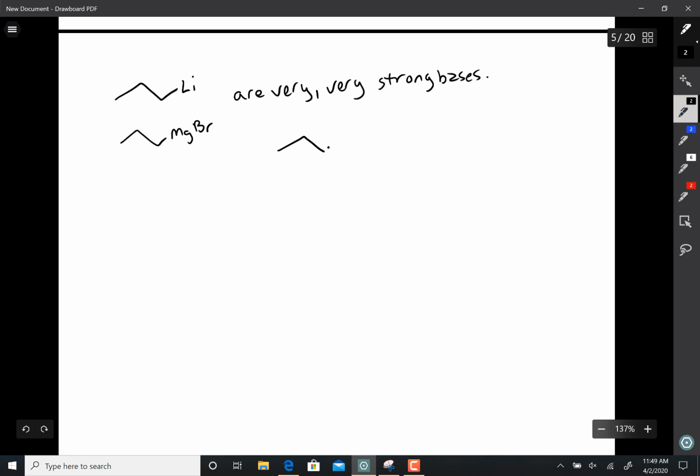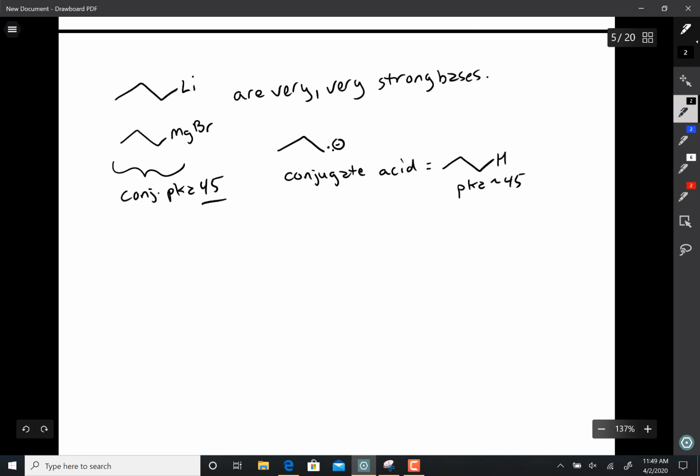These molecules have quite a bit of carbanion character to them. And the conjugate acid of these is simply an alkane. And alkanes have a pKa of 45, so these have a conjugate pKa of 45. Ridiculously strong base.